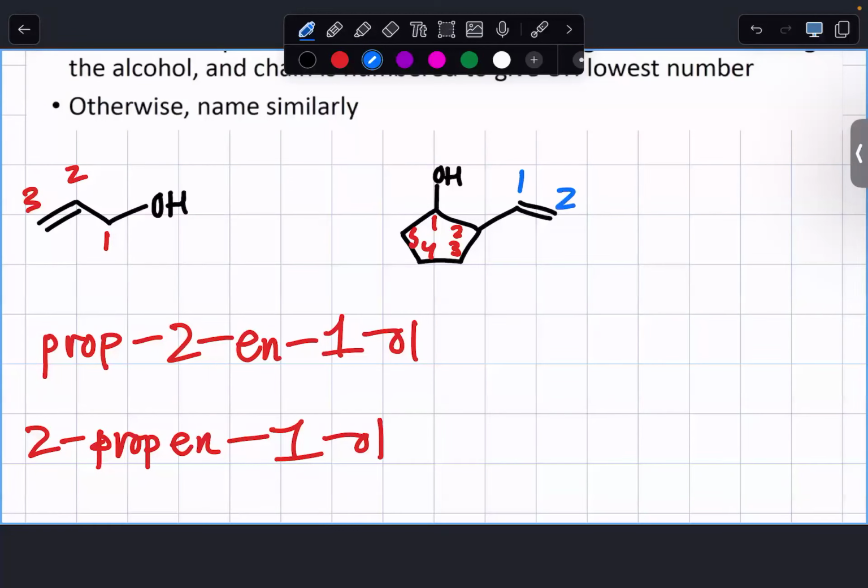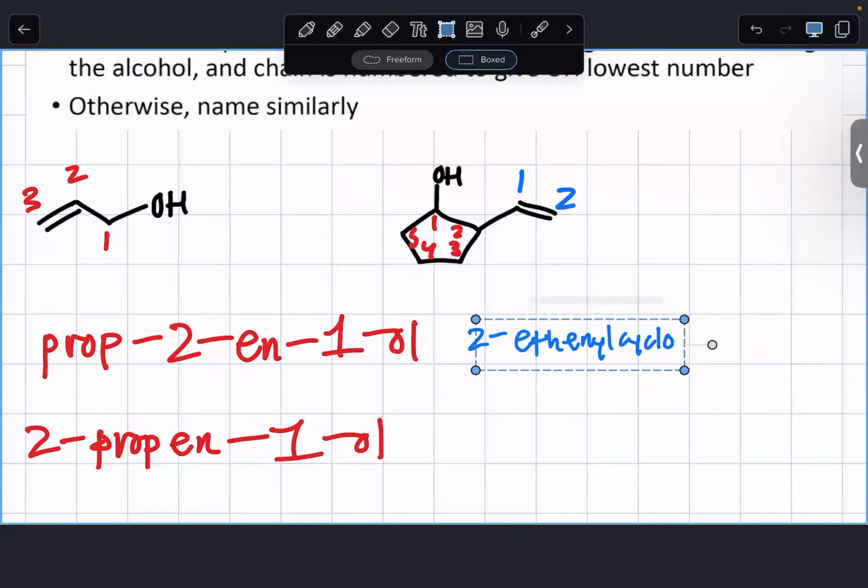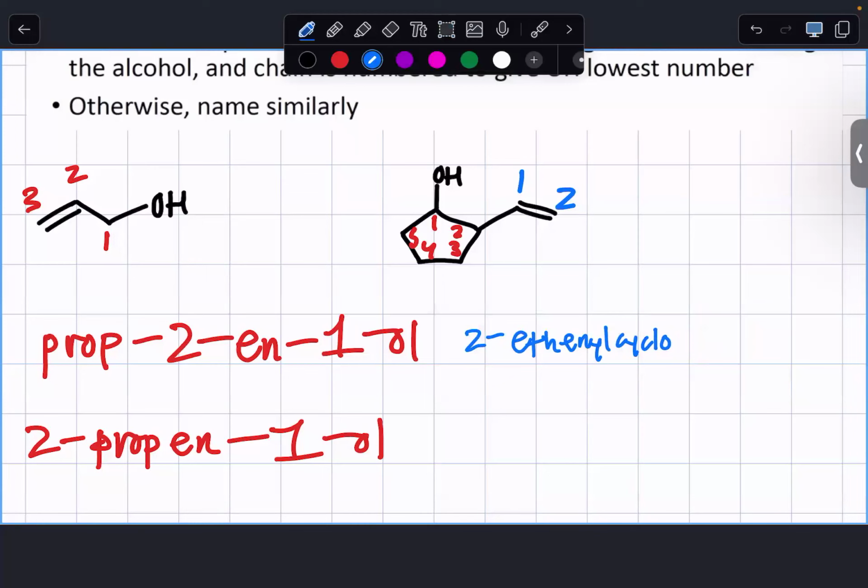And we know there's an alkene, right? Is the alkene part of the main chain or is it separate from the main chain? Separate, right? If it's separate, do we want to use eno or ylidene? Eno, that's right. So it's going to be 2-ethenyl cyclopentanol.